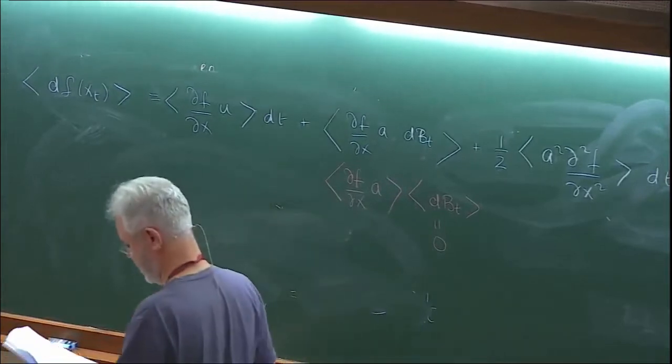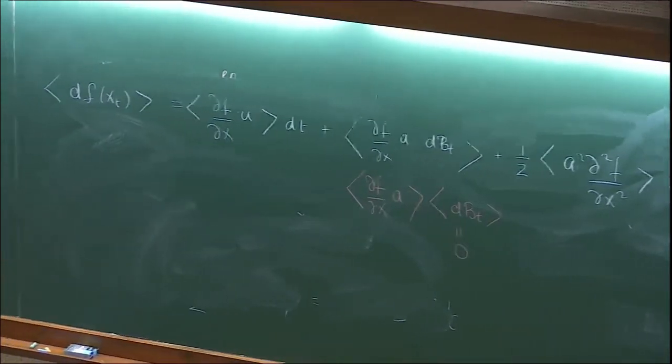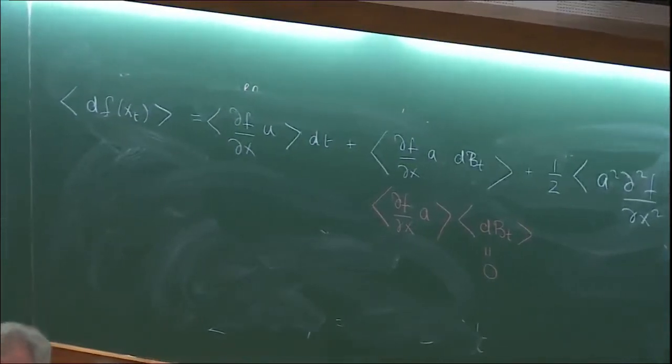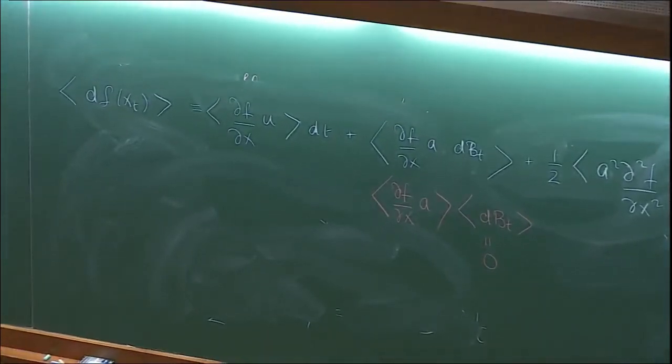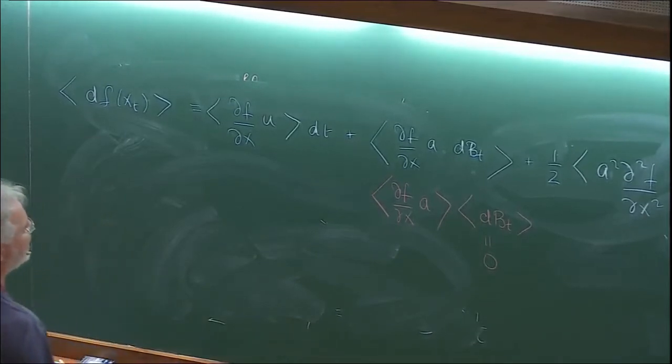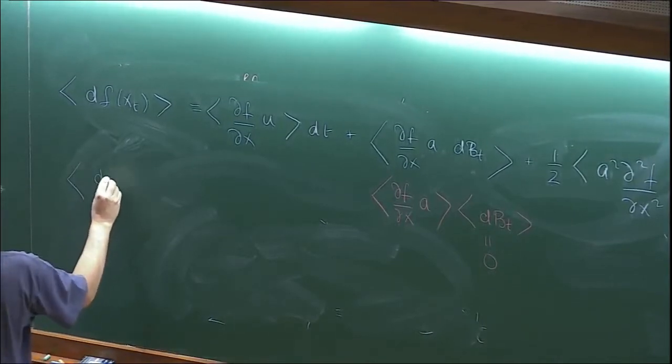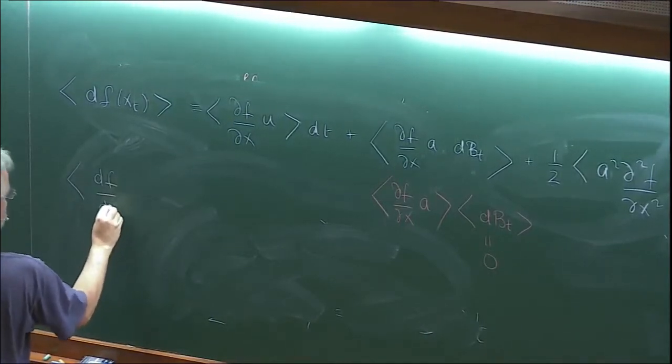So what I can do now is divide, because I haven't got B of t anymore. If I divide dB of t, which is of order delta t to the half, by dt, it's 1 over delta t to the half. And so when I take the limit, it's not nice. So I can divide by dt.